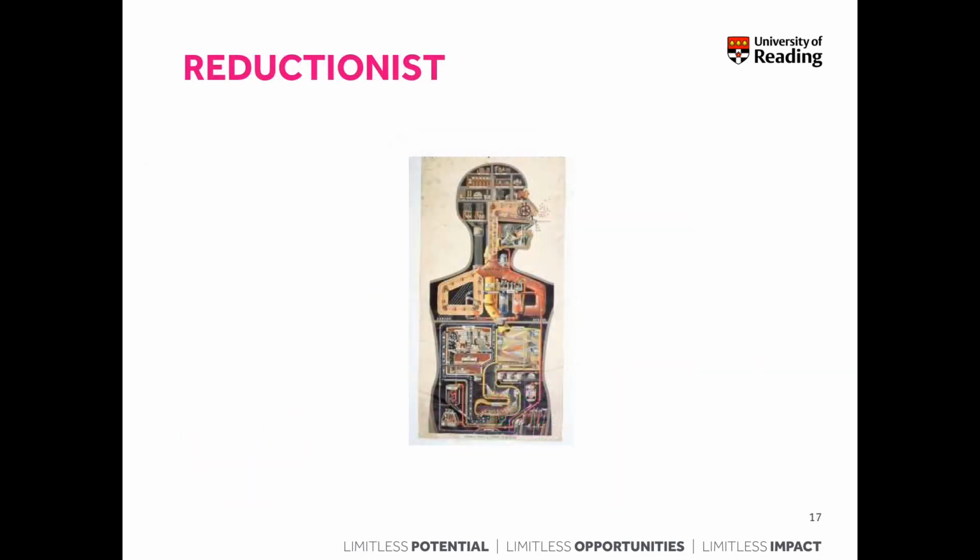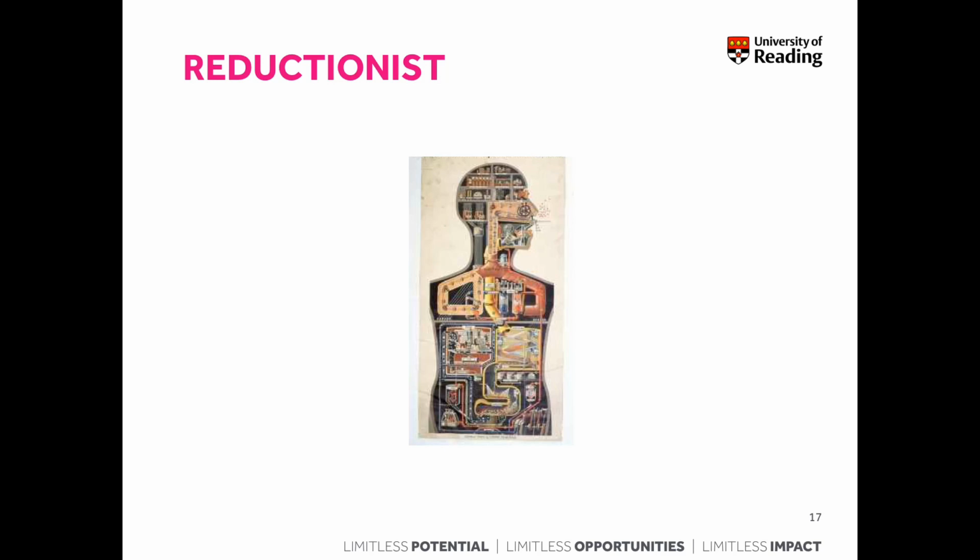This leads to a reductionist view of sickness. The term reductionism refers to seeking an explanation of events by looking at only one level. In the case of health and illness, this is usually the biological level. Therefore, here, the body is seen as a machine, with the heart being the engine, for example, the urinary system being the plumbing, and so on, such that the body becomes a series of interconnected parts which can be mapped as an anatomical atlas.